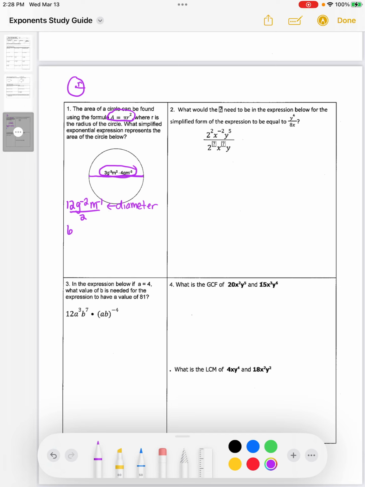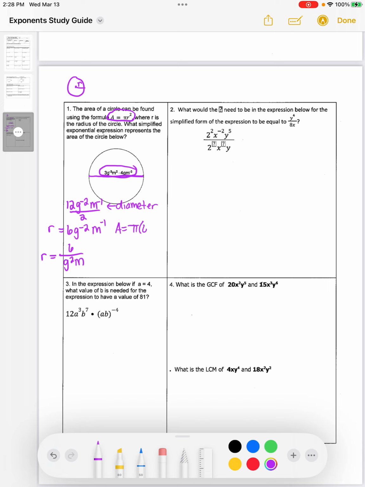And then g to the negative second, m to the negative first, we can just keep it like that for now. If you really wanted to, you could also write it as 6 over g squared m. And either way, this is your radius. So when you're then using the formula, the area formula is pi times the radius squared.